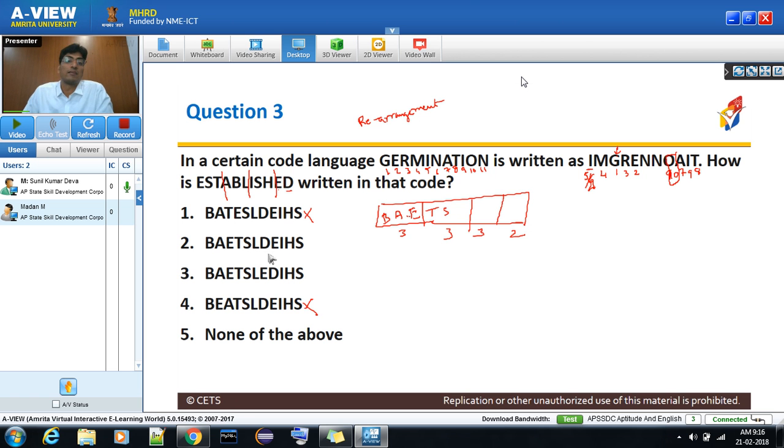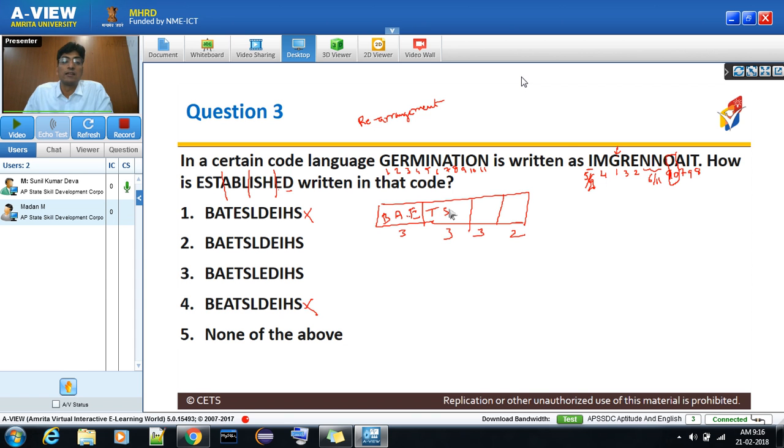This letter is N. The 11th letter is also N. So out of these two, one of them is the sixth letter, another is the 11th letter. But I do not know which N is coming from the sixth place, and which N is coming from the 11th place.